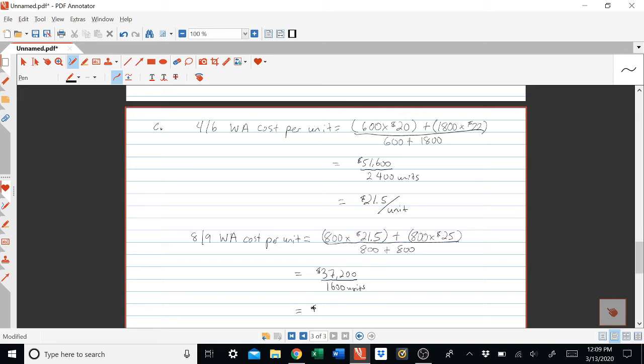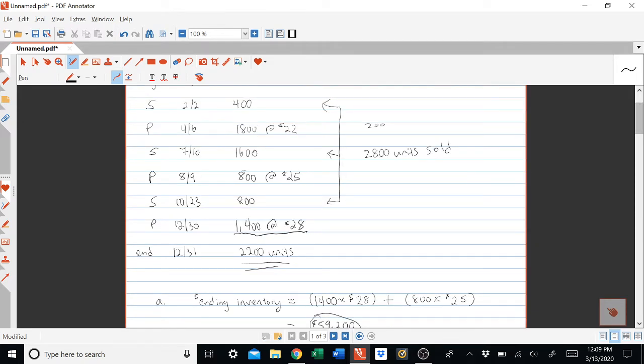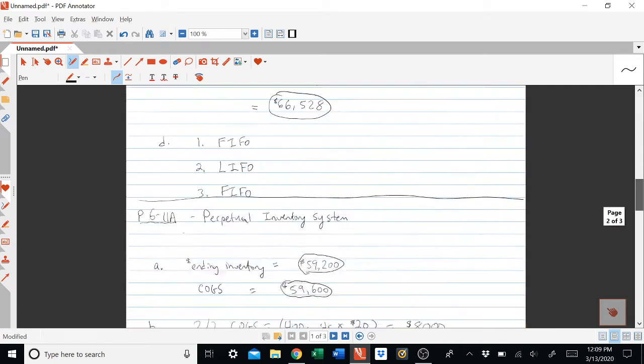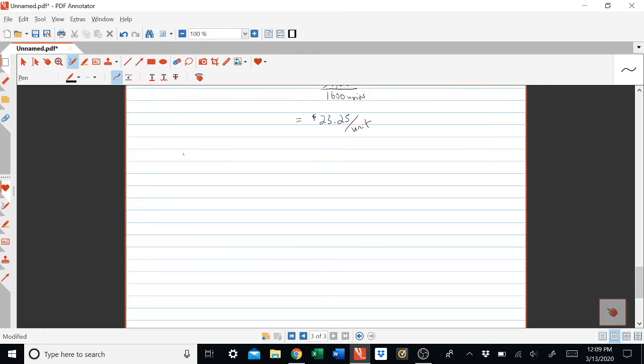So the weighted average cost per unit as of August 9th is $23.25. And then finally, December 30th, we need to calculate the weighted average cost per unit as of December 30th.